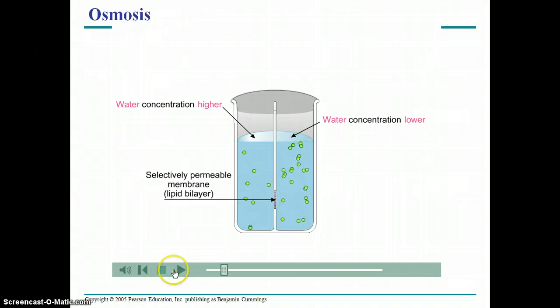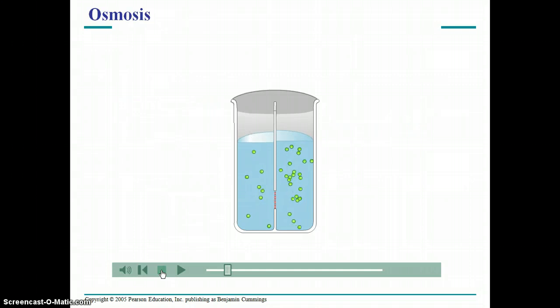Because of the concentration gradient and the barrier to solute movement, water molecules must diffuse across the membrane to equalize the concentrations. The diffusion of water across a selectively permeable membrane is called osmosis. In the absence of opposing forces, the net movement of water across the membrane continues until the solute concentrations on both sides of the membrane are equal.